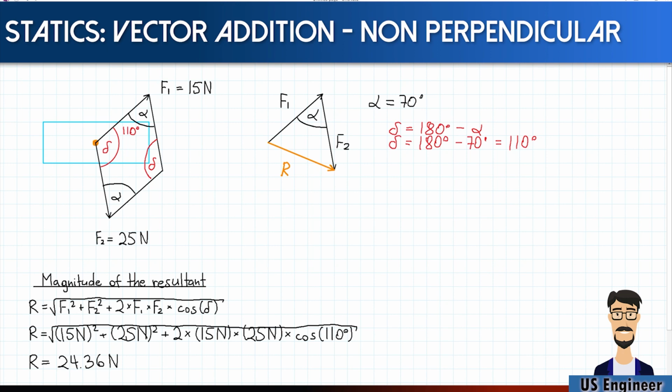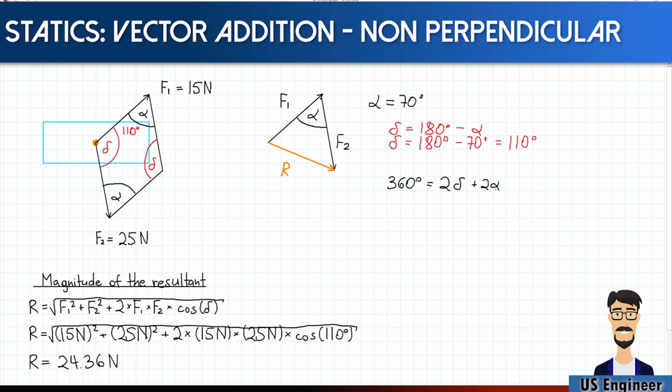And as you know, the sum of all angles in a parallelogram is 360 degrees. Mathematically, I can express that as 360 degrees is equal to 2 times delta plus 2 times alpha.